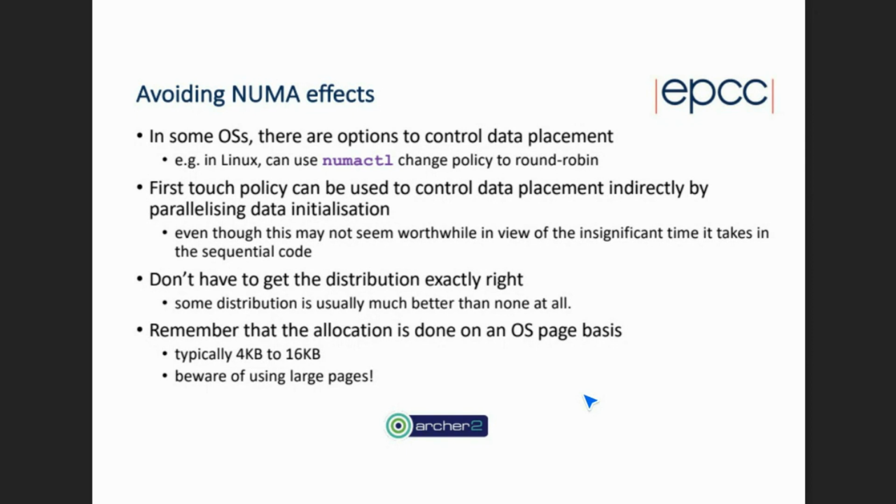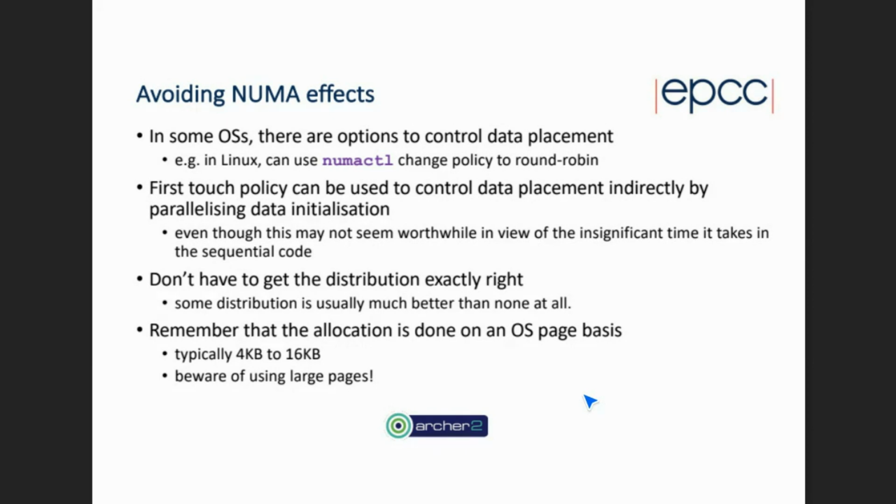On the other hand, we can actually make use of the first touch data policy to control the data placement indirectly by parallelizing our data initialization. That might not seem worthwhile at all, because your initialization might take a completely insignificant amount of time compared with the runtime of the rest of your program. So why would you bother parallelizing it?